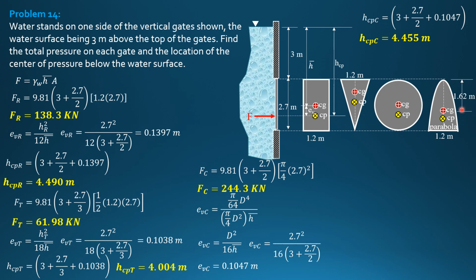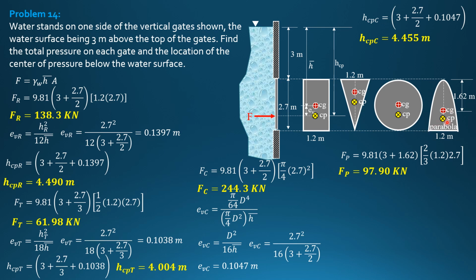So that distance is 0.6 or 3/5 of 2.7, 1.62. So barred H therefore is 3 plus 1.62. So F is 9.81 for parabola times 3 plus 1.62, area 2/3 of 1.2 times 2.7, 2/3 base times height. So F of parabola is 97.9 kilonewtons.